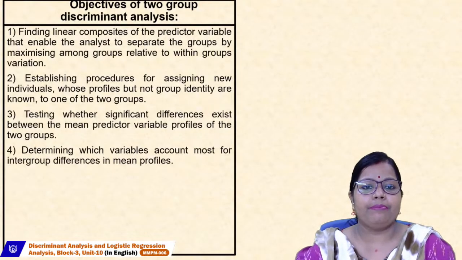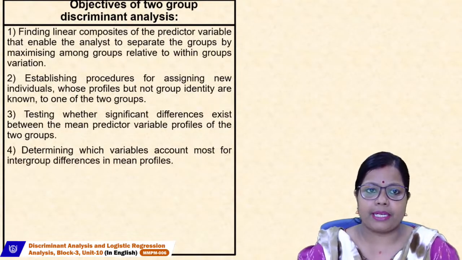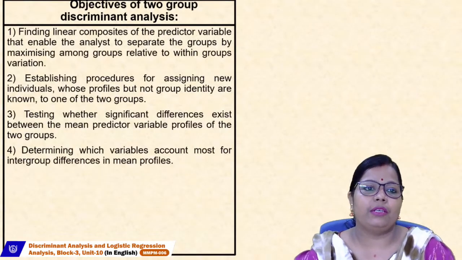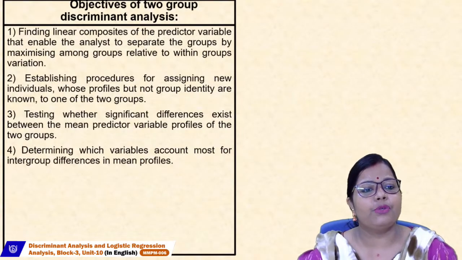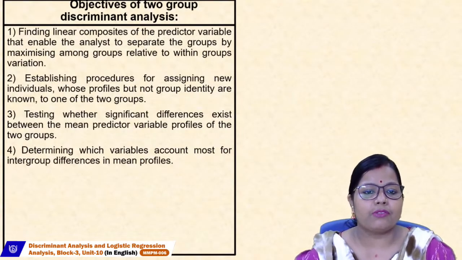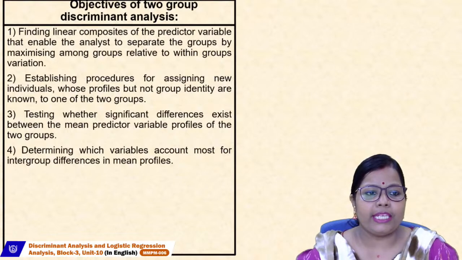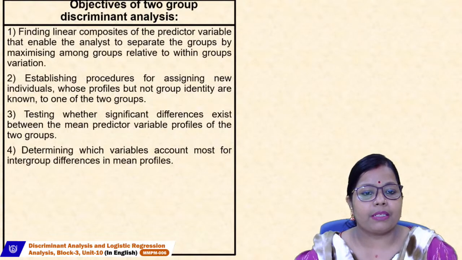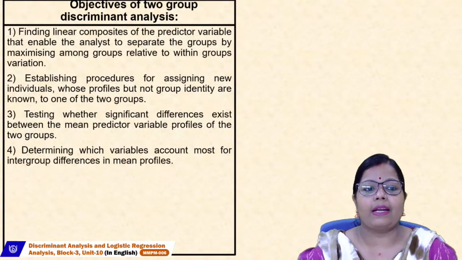At the same time, we are minimizing the variation inside the group. The second objective is establishing procedures for assigning new individuals whose profiles, but not group identity, are known.